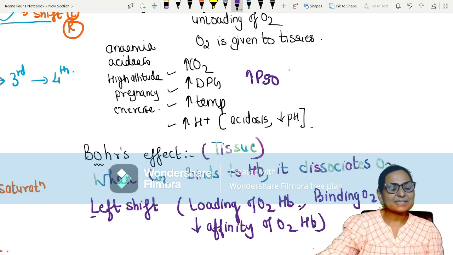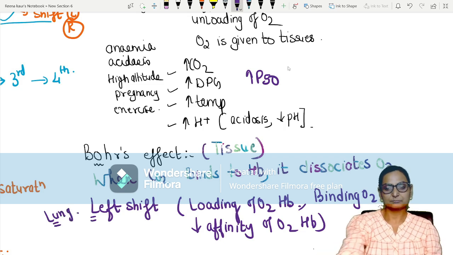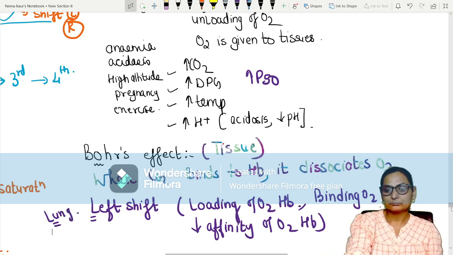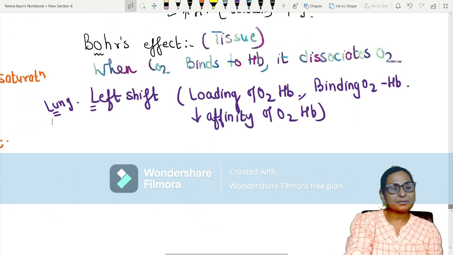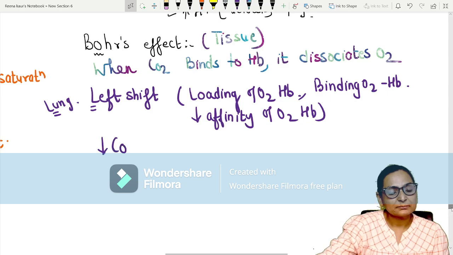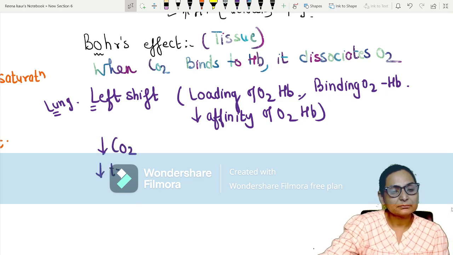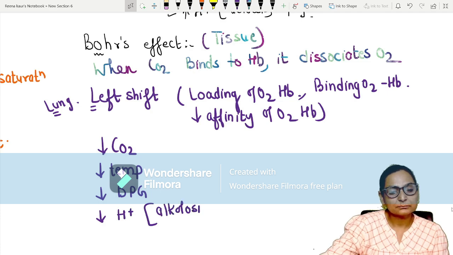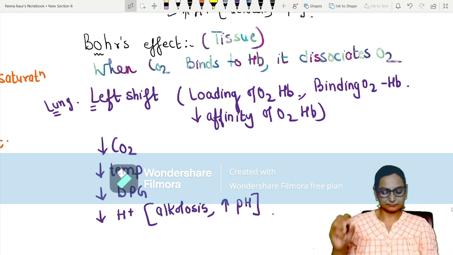That means L is on the side of L, that is lungs. Left, L means less. What less? Same factors: carbon dioxide, temperature, DPG, H plus. This is alkalosis or increase in pH.